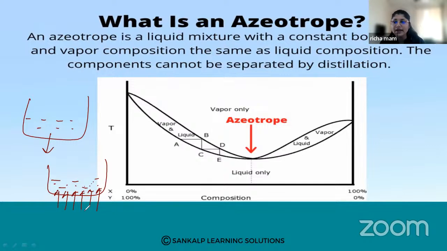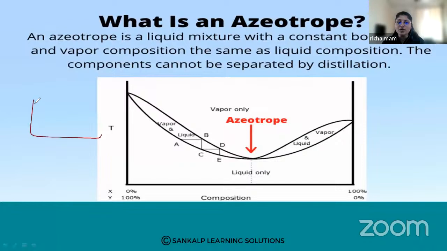The water will start evaporating and be converted into the vapor phase. After an hour or two, you can see the volume of water has decreased, as it escapes as steam or vapors. But in an azeotrope, the liquid mixture boils at a constant temperature.